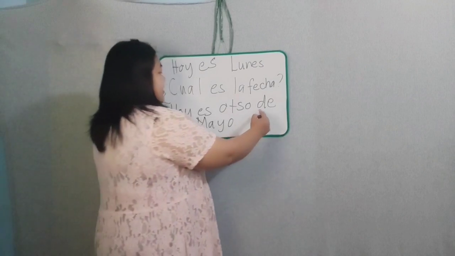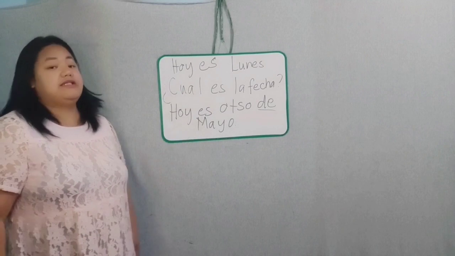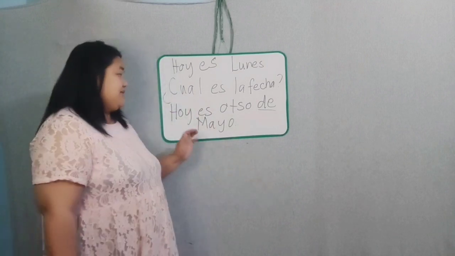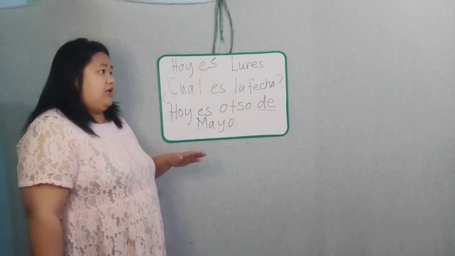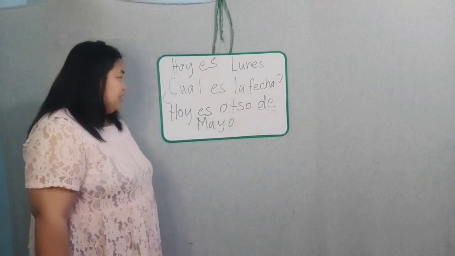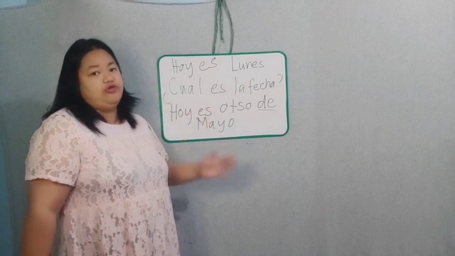So, de is like of. Of May. If you're going to translate this in English, you are saying, the date today is 8th of May. But in English, you would say 8 with the TH. In Spanish, no, you don't do that.